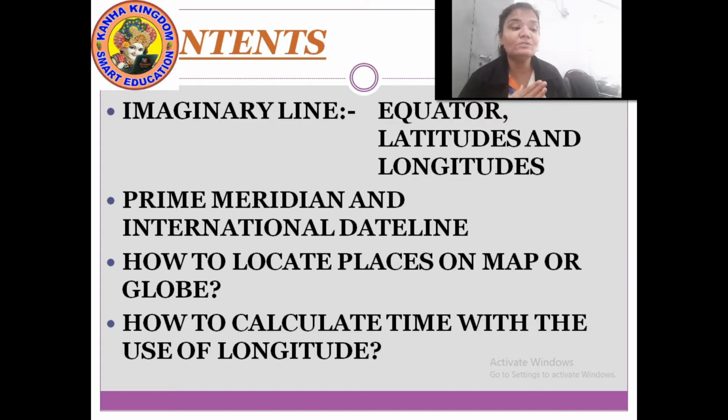Latitudes are also imaginary lines, but they run from east to west, and they encircle the earth horizontally. Next, how many latitudes are there? 181.